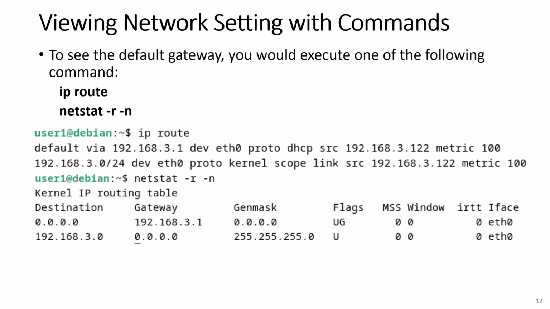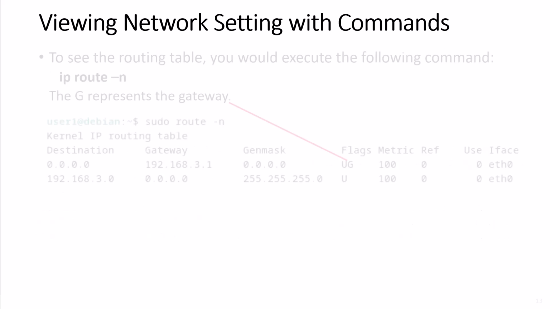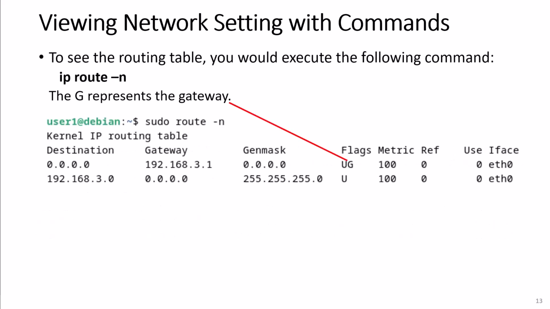To see the default gateway, you would execute one of the following commands, ip route, netstat -r -n. To see the routing table, you would execute the following command, ip route -n.